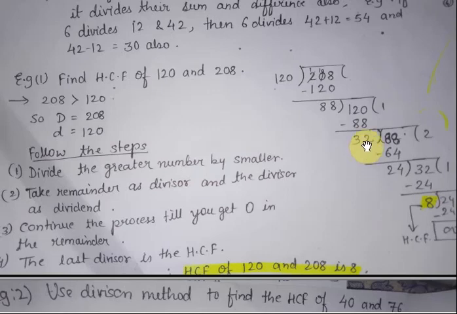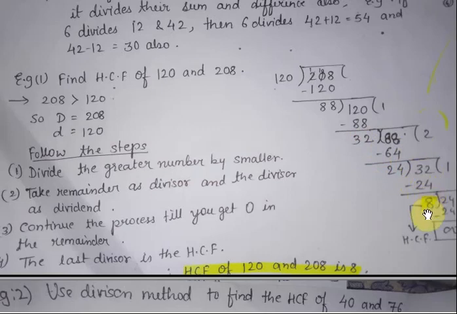The remainder 32 becomes the divisor and this divisor becomes the dividend. We write 88 here. In the table of 32, 64 comes at 2 times, which is less than 88. By subtracting, we get 24. Again 24 will act as the divisor and 32 as the dividend, so we subtract 24 from 32.